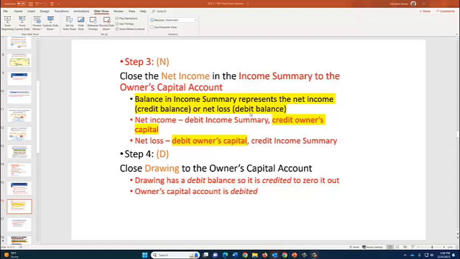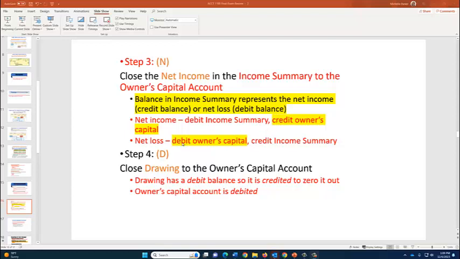If we've got a debit balance in income summary before this third entry, then that is a net loss. So in order to close income summary to capital with a net income, we're going to debit income summary and credit owner's capital. You know, net income increases owner's capital, and capital is increased with a credit.